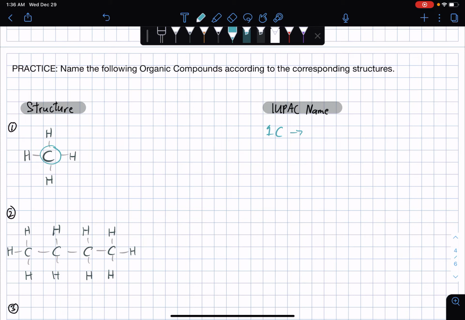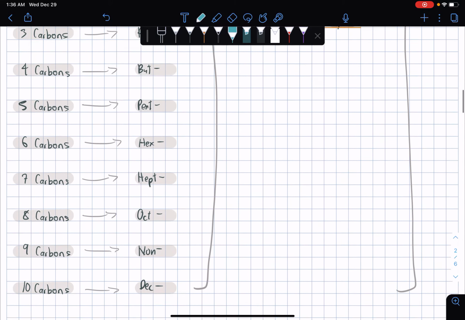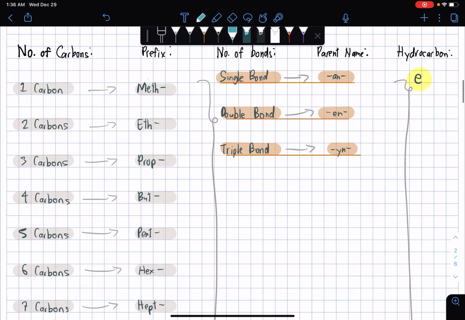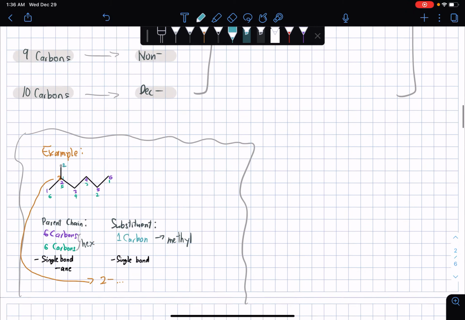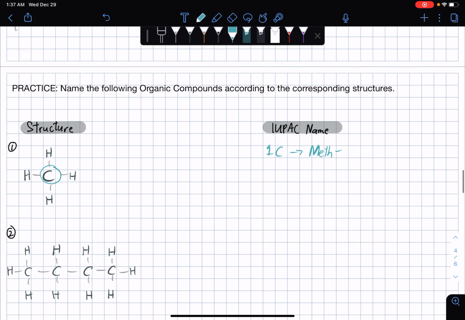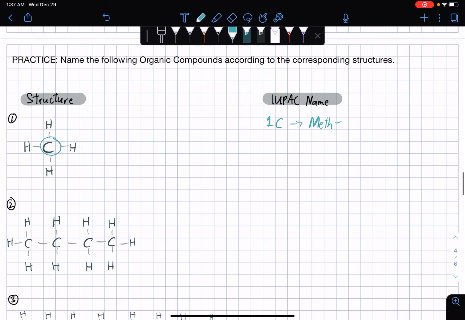We acknowledge that 1 carbon is equivalent to the prefix meth, according to the table for the parent chain. And you can see in the structure that it's a single bond. There is no sign of a double bond, therefore it's a single bond.